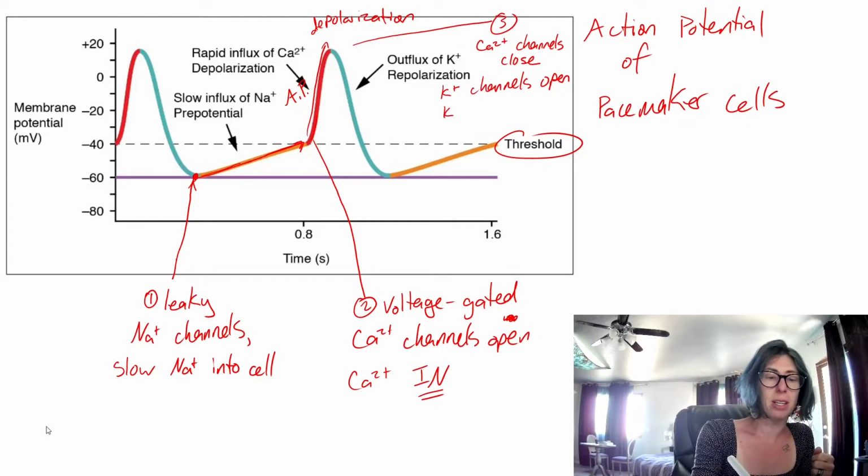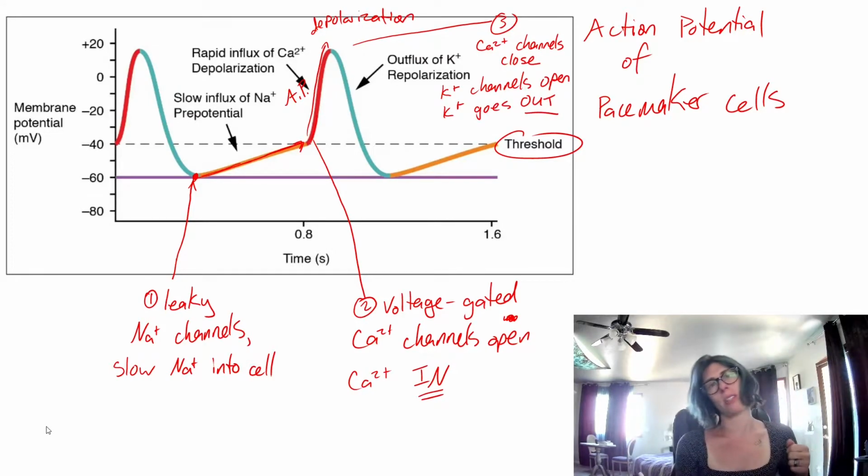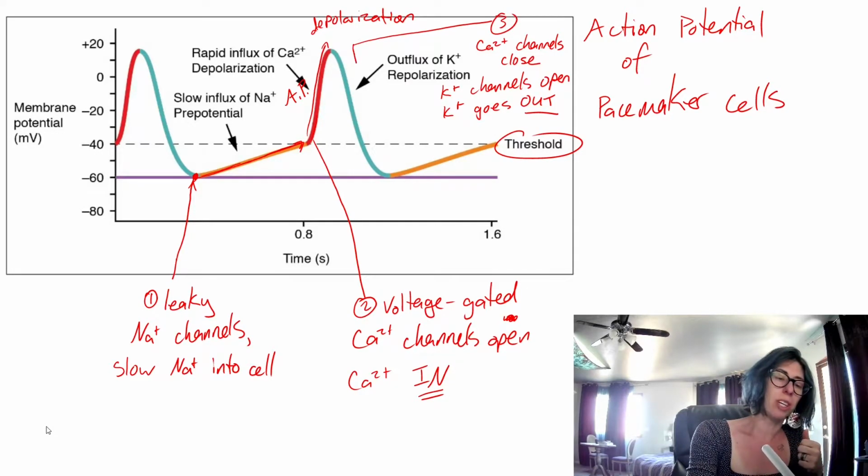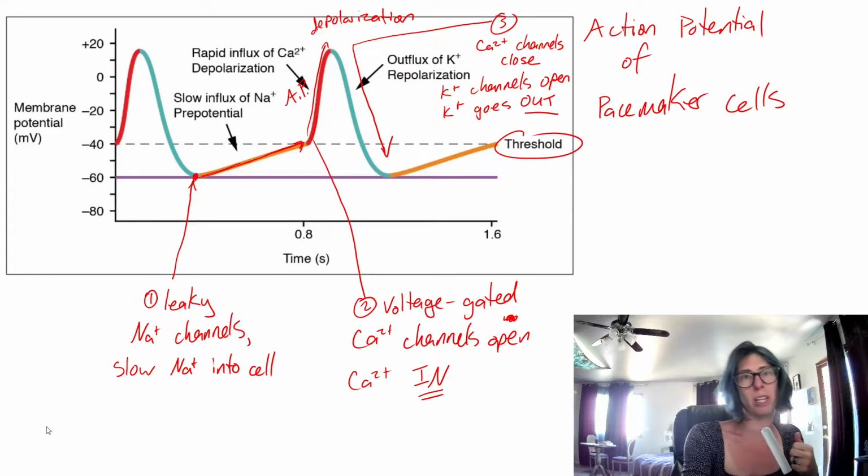And potassium goes out. Now, all of these ions are positively charged. In the case of sodium and calcium, the positive charge is coming into the cell. In the case of potassium, it's going out of the cell. So we're losing positive charge. This inside of the cell is becoming more negative is what that means, because we're getting rid of positive charges. So that brings us back down. We call this repolarization.